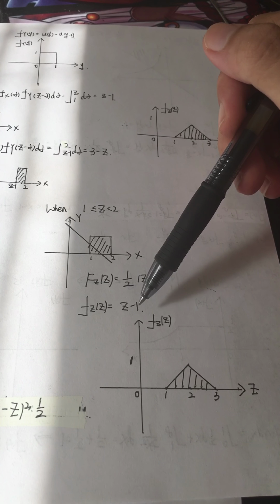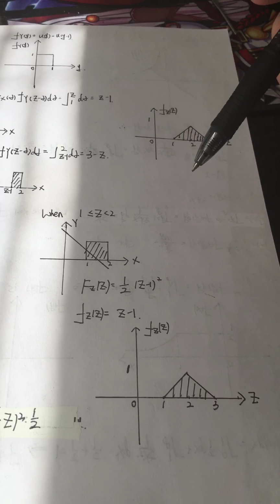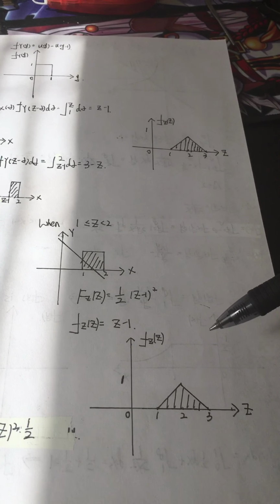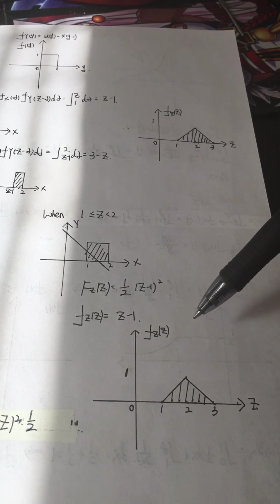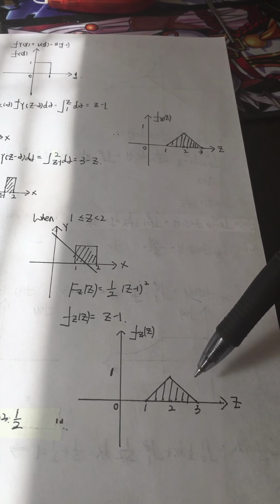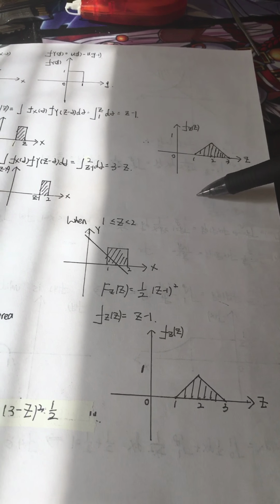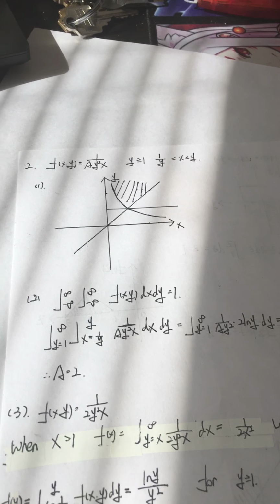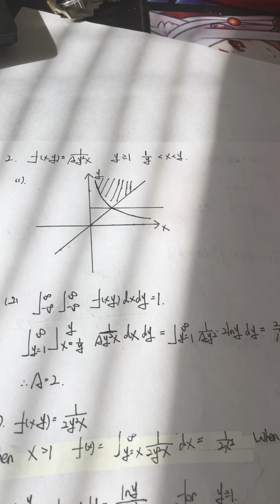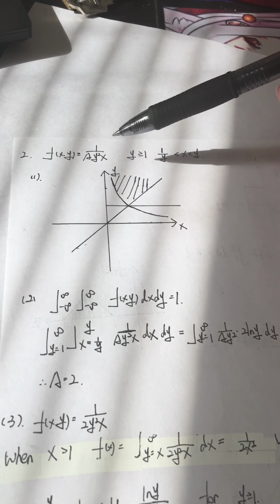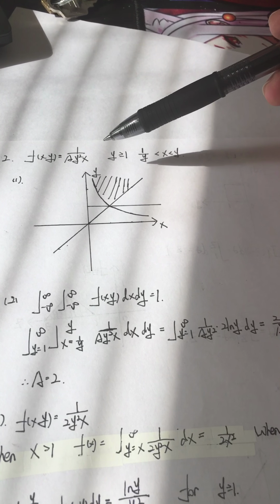It is equal to z minus 1. The PDF of z is shown in these two figures. It is the same.